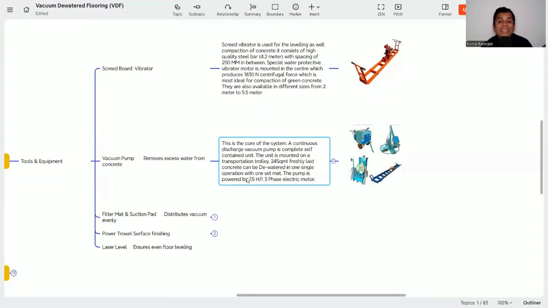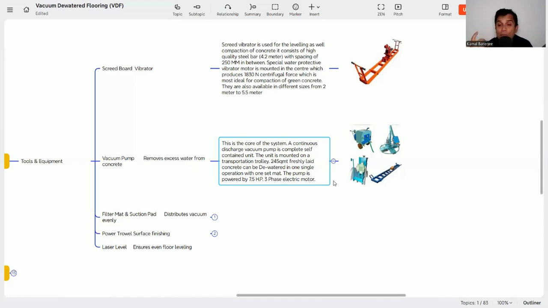The pump is powered by a 7.5 HP three-phase electric motor. Whenever you are planning for VDF flooring, you also need to know what phase electricity is needed and what the pump capacity is before planning your vacuum dewatering system. So this vacuum pump is the core of the system, and when we are pumping, it removes the water from the concrete.